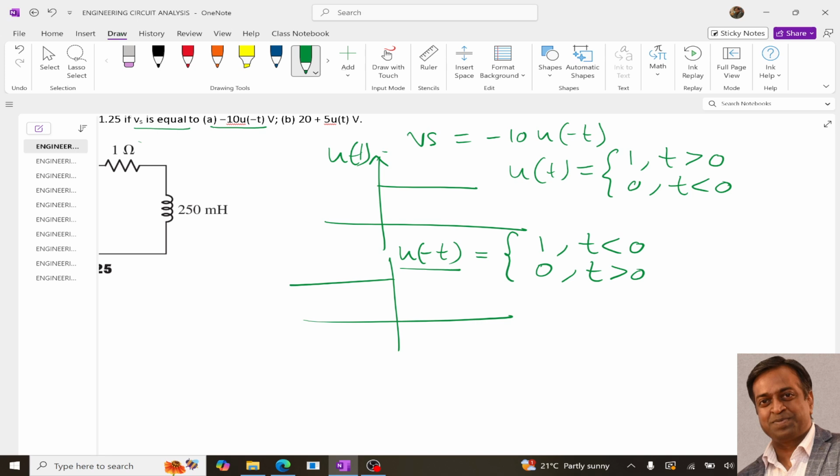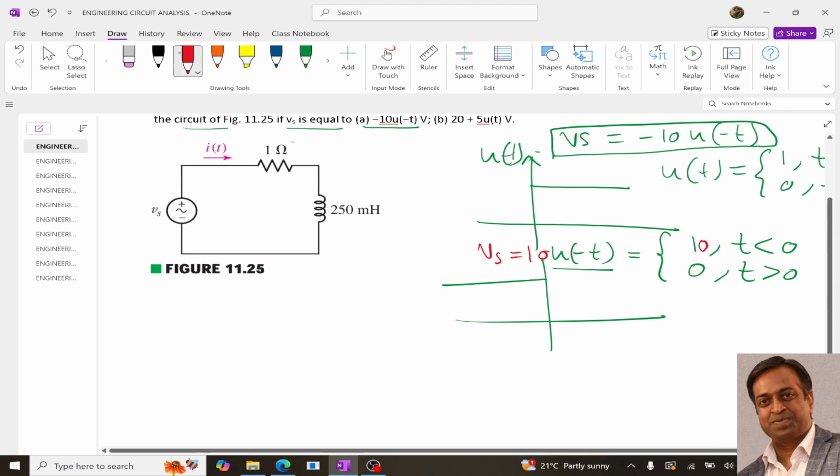So when it is said that Vs is equal to 10 u(-t), it means that Vs is equal to 10 for t less than 0 and 0 for t greater than 0.